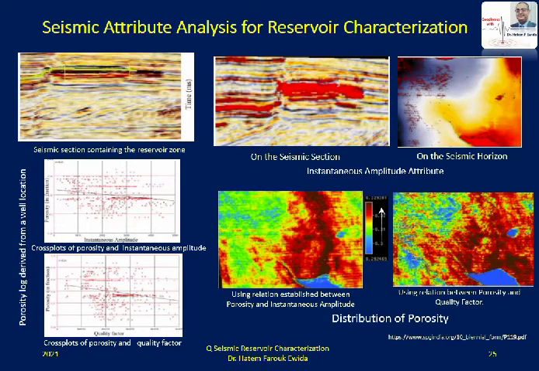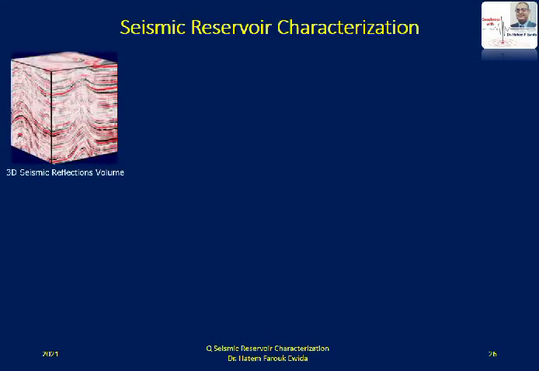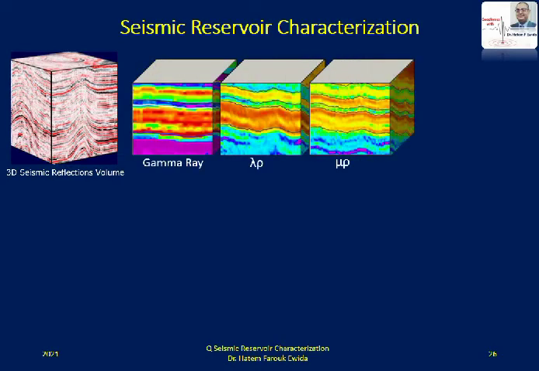Generally speaking, to summarize what we have said, you start from normal 3D seismic, and then you can invert that using AVO or whatever, using some log data, like the gamma ray. You can have a gamma ray cube. You can have the lambda rho attribute cube. You have the mu rho attribute cube.